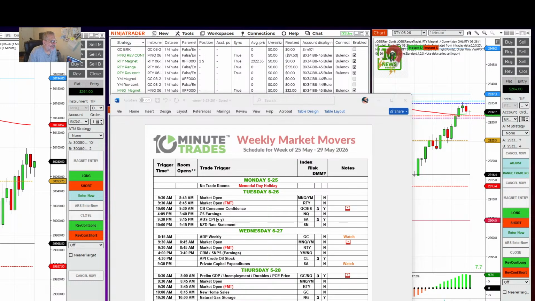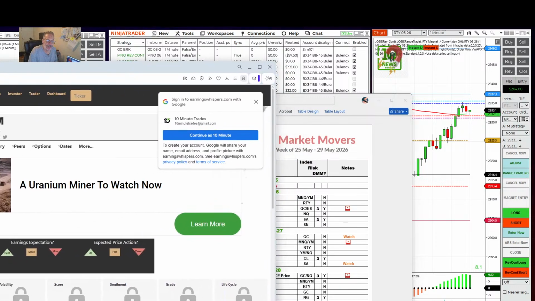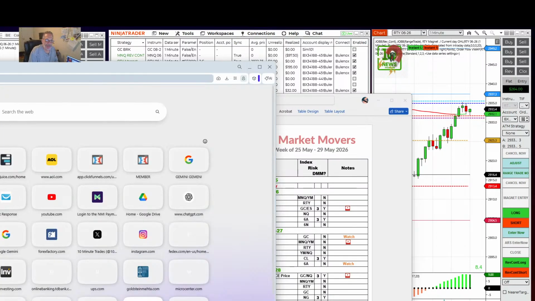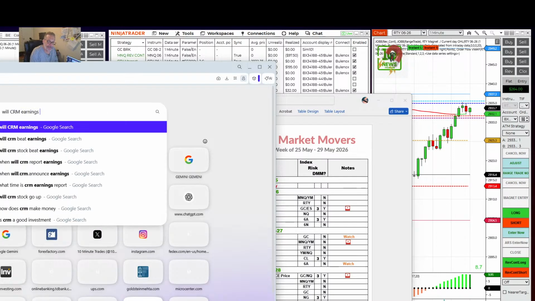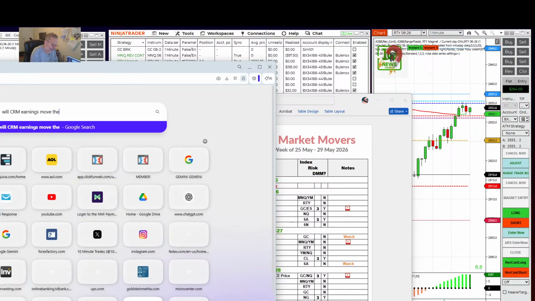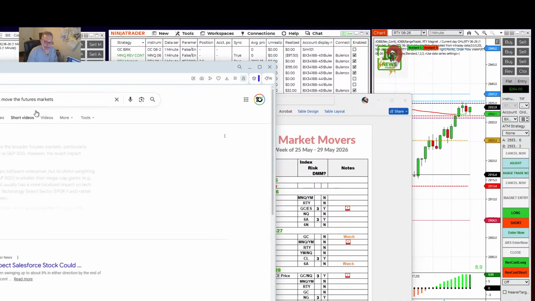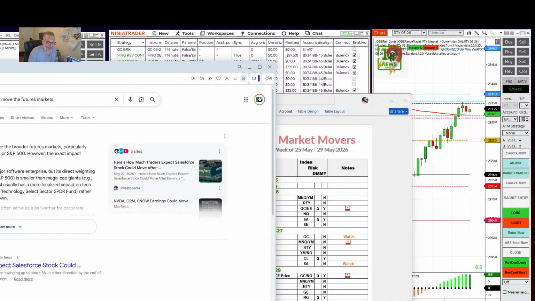But no, ZS. So one thing you can do that's kind of interesting is really very simply, you can type into Google, will CRM earnings move the futures markets? Salesforce, and it's really good with AI because we get these interesting answers now that we didn't used to get, can influence the broader futures markets, particularly the NAS.